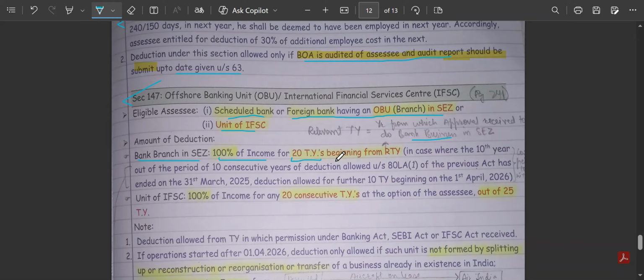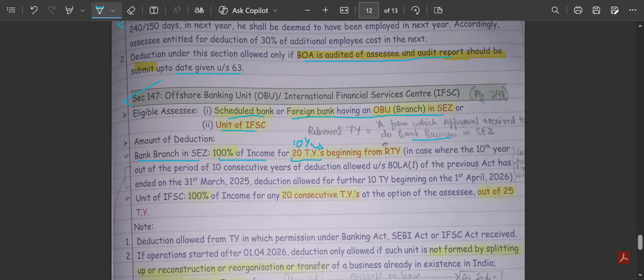That year becomes the relevant tax year, and starting from that year, they will get a deduction of 100% for 20 tax years. Earlier, under the old act and under this act as well, before the amendment as per Finance Act 2026, the period of deduction was only 10 years. So for some businesses, that period may have ended before this change was made, and for them, they will not get any benefit of these 20 years under this section.